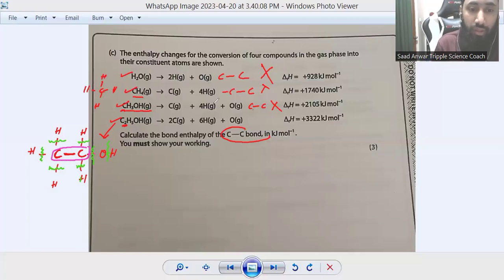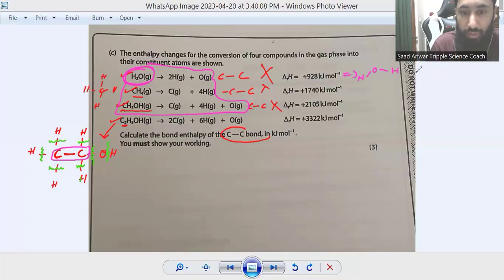So let's see how, by using these three, I can get the bond enthalpy for carbon-hydrogen, carbon-oxygen, and oxygen-hydrogen. In the first example, water is present.